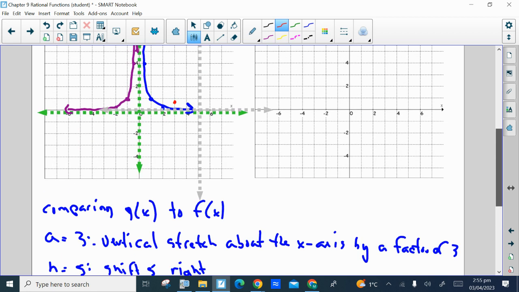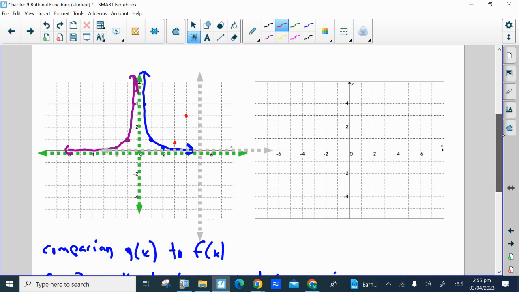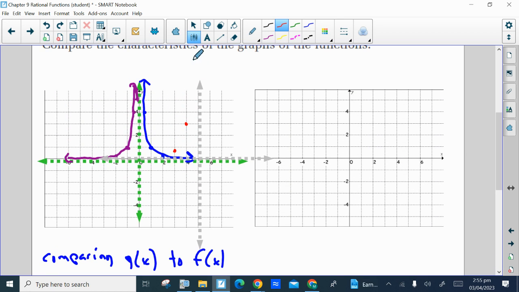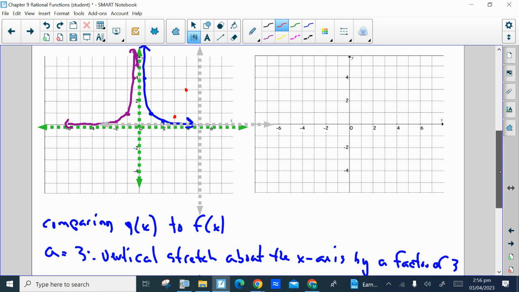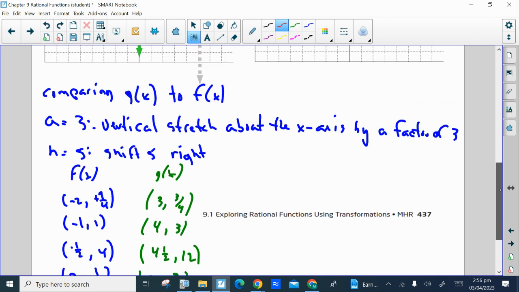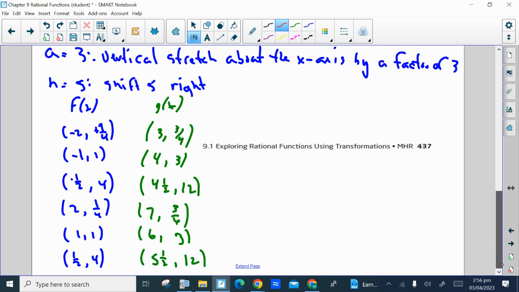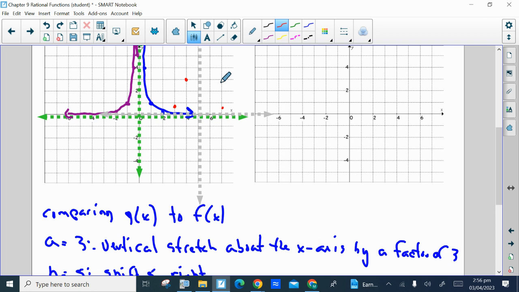4 comma 3, approximately there. 4.5 comma 12, which is way up here somewhere. And on the right side, I've got 7 comma 3/4. I've got 6 comma 3.